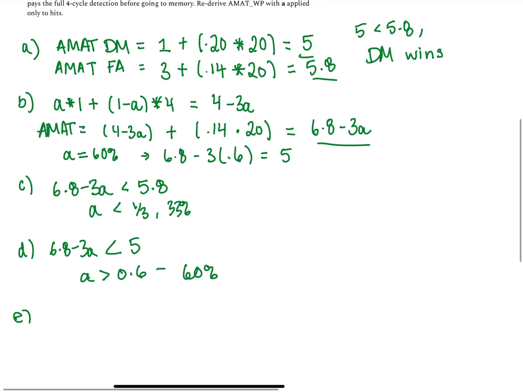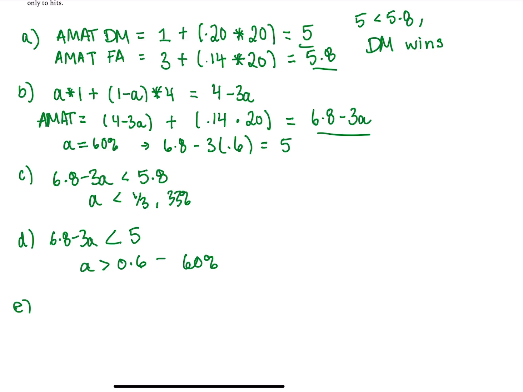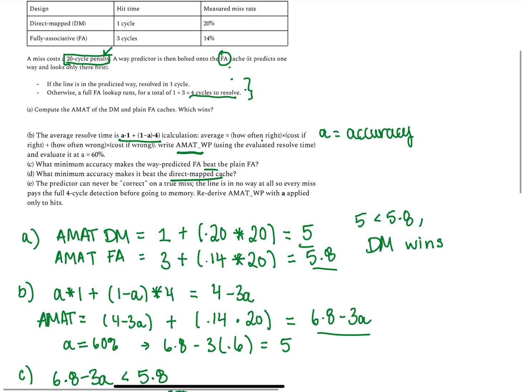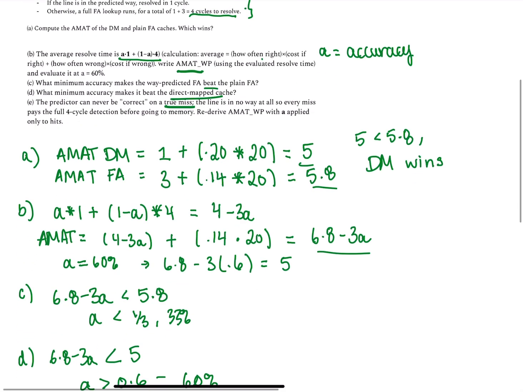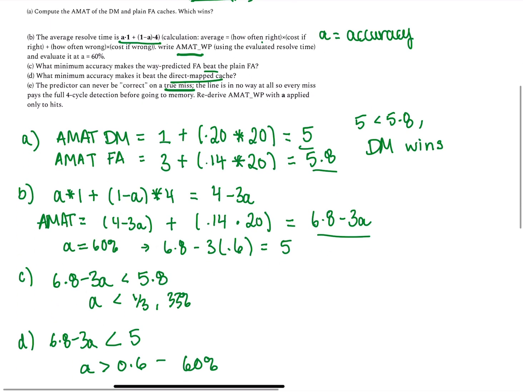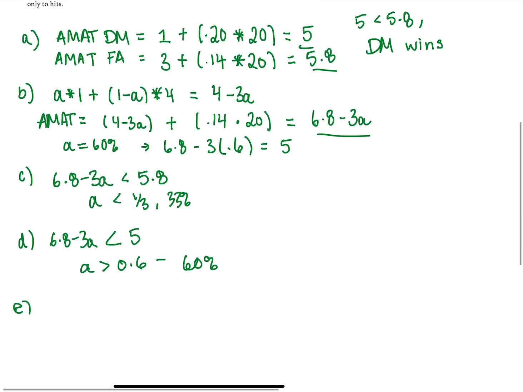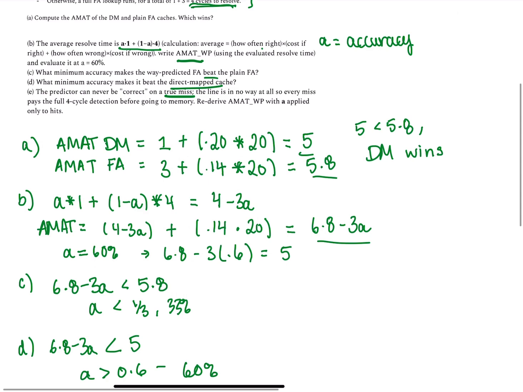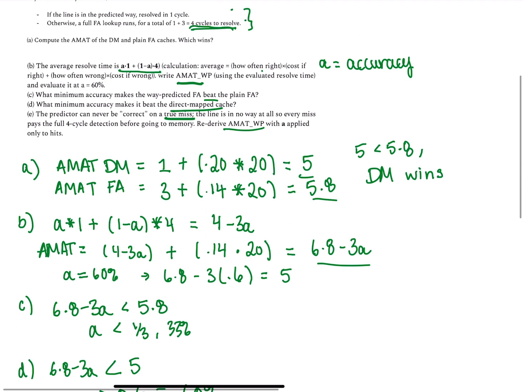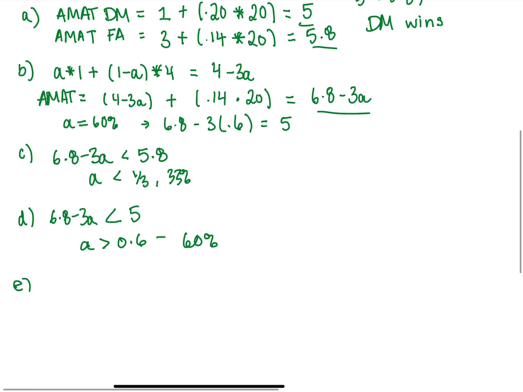So in total, on a true miss, we pay a 24-cycle penalty, because 4 cycles to resolve the way predictor and then a 20-cycle penalty, right? And so we're rederiving the way predictor AMAT with true misses in mind.